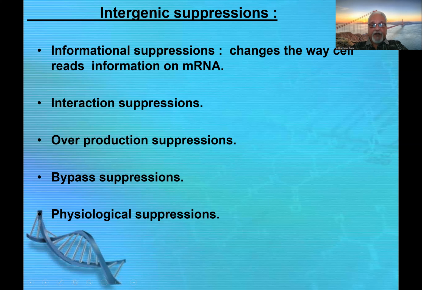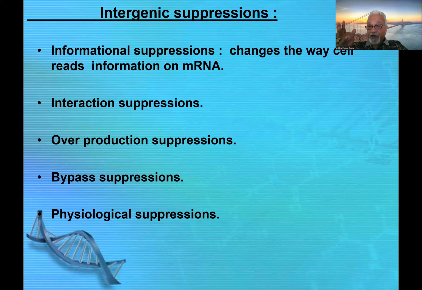The one very important, which I am going to elaborate a little bit in detail, is informational suppression. Informational suppression is where the second mutation changes the way the cell reads information on mRNA. That's very important.